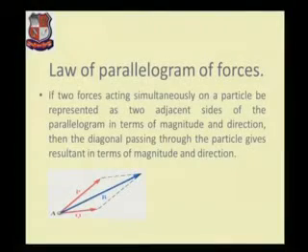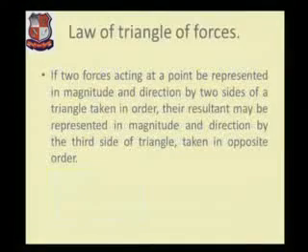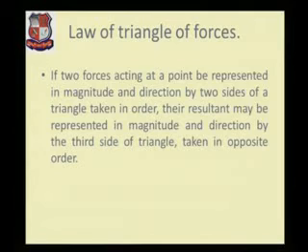Now we will move to the next method to find the resultant. The other method is the law of triangle of forces. Law of triangle of forces states that if two forces acting at a point are represented in magnitude and direction by two sides of a triangle taken in order, then the resultant may be represented in magnitude and direction by the third side of the triangle taken in opposite order.